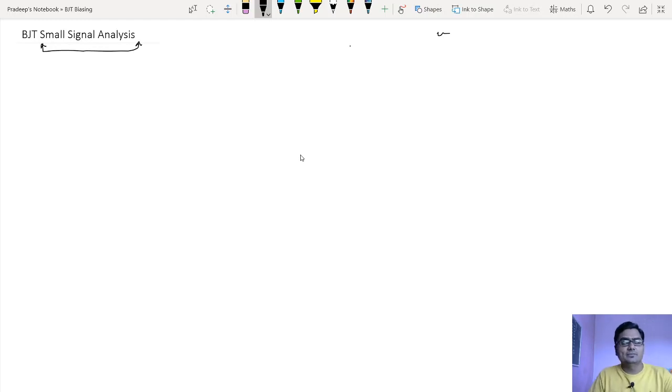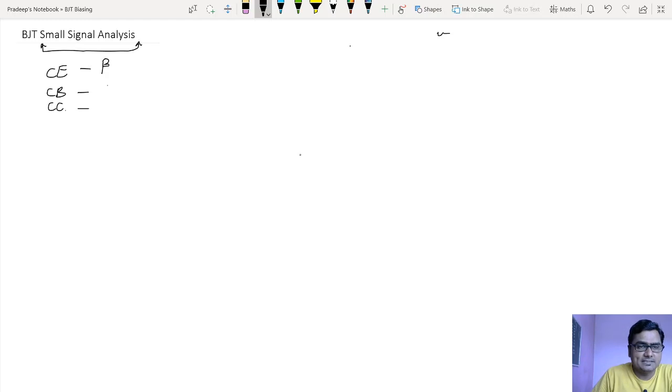Now before that lecture, what we have studied is the common emitter configuration, common base configuration and common collector configuration. And we have studied their current factors. For example, if it is common emitter configuration, then its current amplification factor is beta.